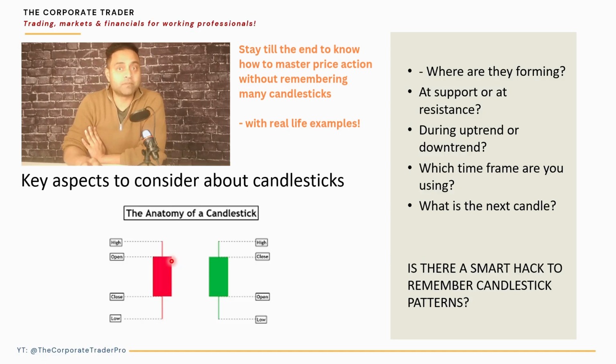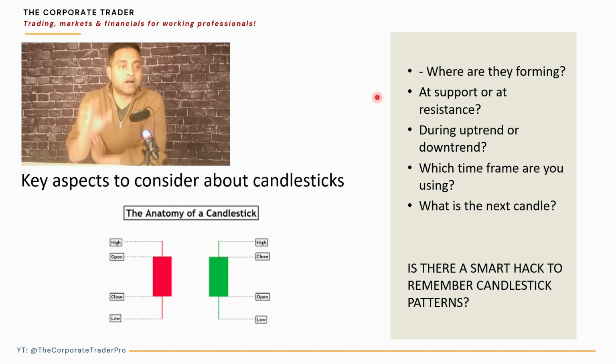For a red candle, which is a bearish candle, the open will be higher than the close, and for a green candle, which is a bullish candle, the close will be higher than the open, which is basic common sense, right?